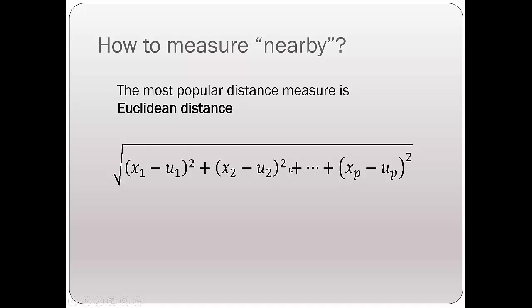So you compute this, and that's the distance between the new observation and the first observation in the data set. And then repeat this computation for the second row, the third row, and so on. So this will give you the Euclidean distance. In 2 dimensions it will be a straight line distance, as we will see in just a minute.